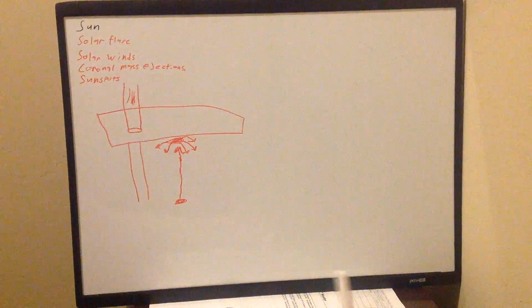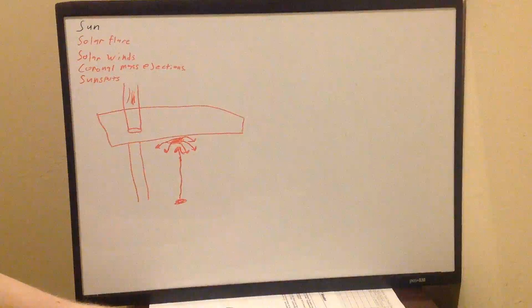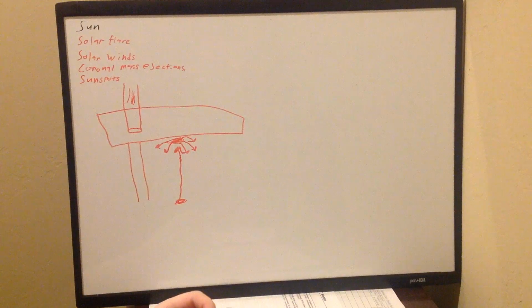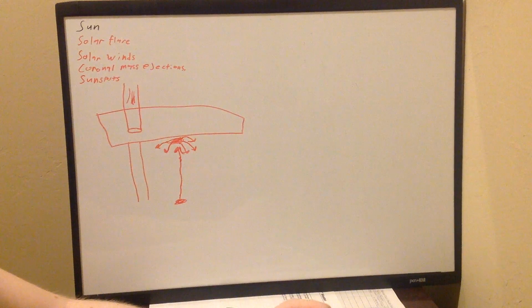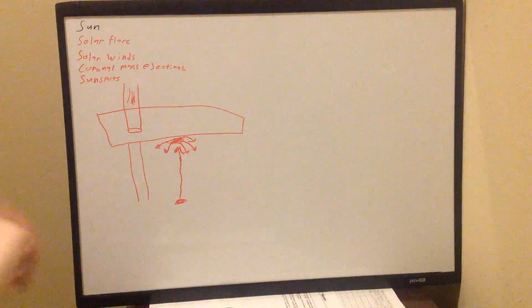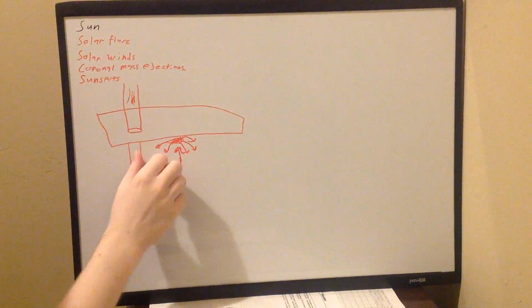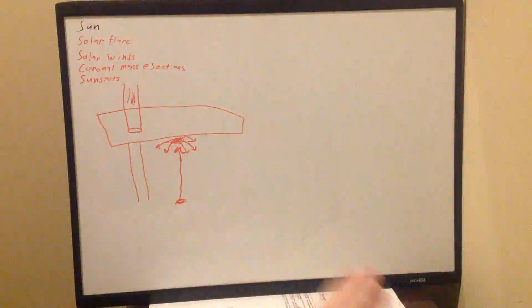Now here's the deal with magnetic field lines. The way magnetic fields work is that they exert a force which opposes motion that's at a right angle to the field lines. If you're trying to move along the magnetic field lines, that's fine.